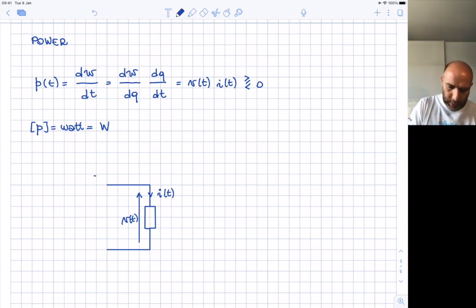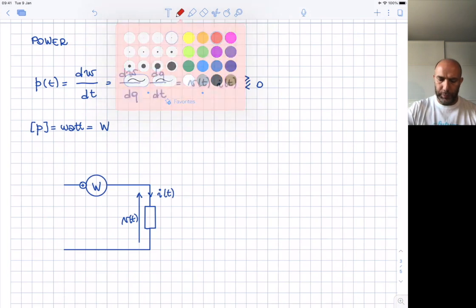So we need an instrument called wattmeter that has two terminals for the measurement of the current, and of course also in this case we have to identify the positive terminal for measuring the current, and two terminals to measure the voltage.